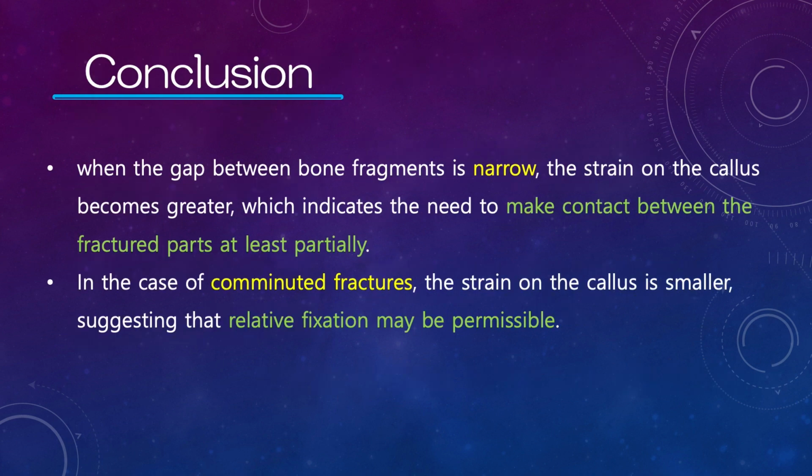In conclusion, it has been understood that when the gap between bone fragments is narrow, the strain on the curves becomes greater, which indicates the need to make contact between the fragments at least partially. In the case of comminuted fracture, the strain on the curves is smaller, suggesting that relative fixation may be permissible.